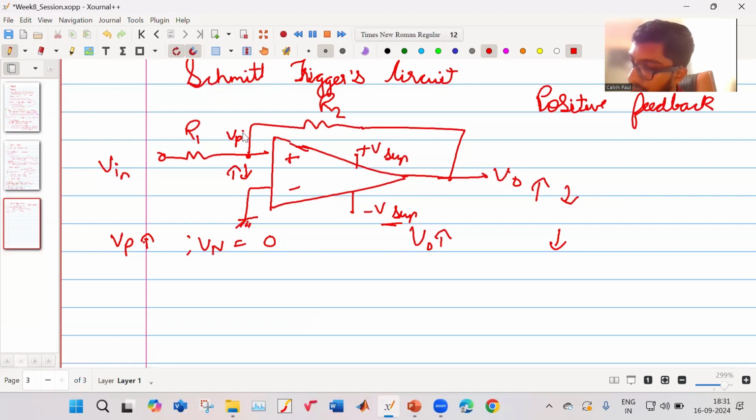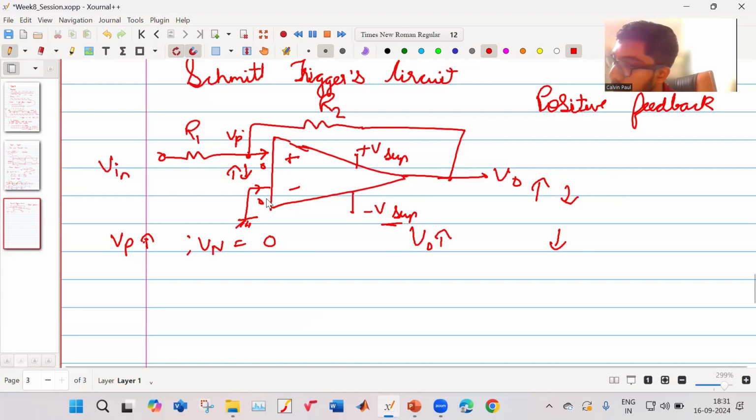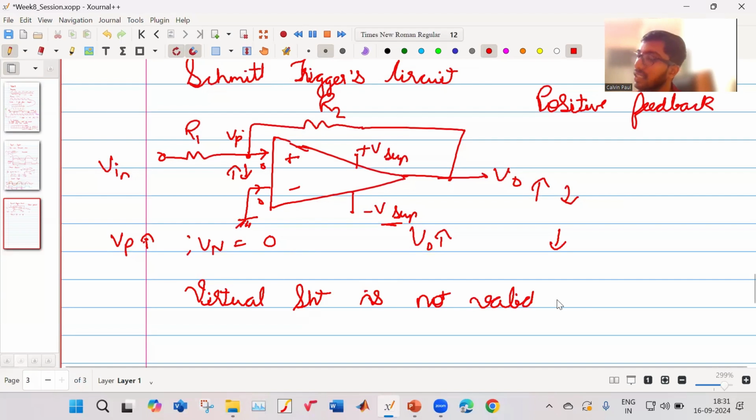Let us derive it. We know no current will flow into the terminals of the op-amp. And we cannot consider virtual short here, because there is positive feedback. If there's negative feedback, we can consider the concept of virtual short. But in this circuit, it is not valid.